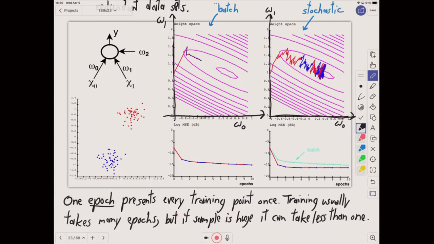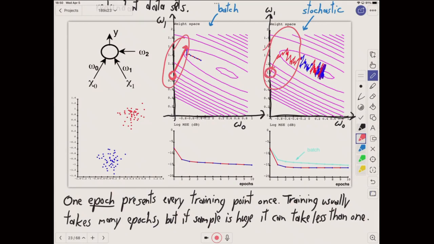Yeah? Why do we get so much further with stochastic gradient descent than with batch gradient descent? Well, in this particular example, one of the reasons is that we started in a place where the gradient just wasn't very good, and so we didn't really make as much progress in the batch gradient descent.